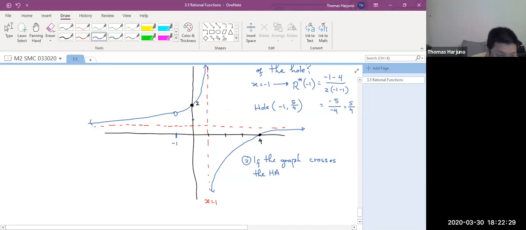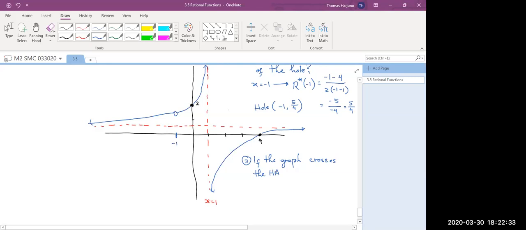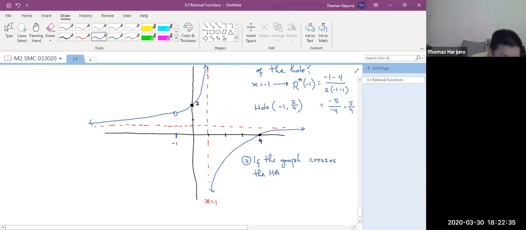The graph will never cross the vertical asymptotes, okay? Because vertical asymptotes come from the denominator, it will give us undefined, right? So the graph will not cross a vertical asymptote. But it is possible the graph crosses a horizontal asymptote.